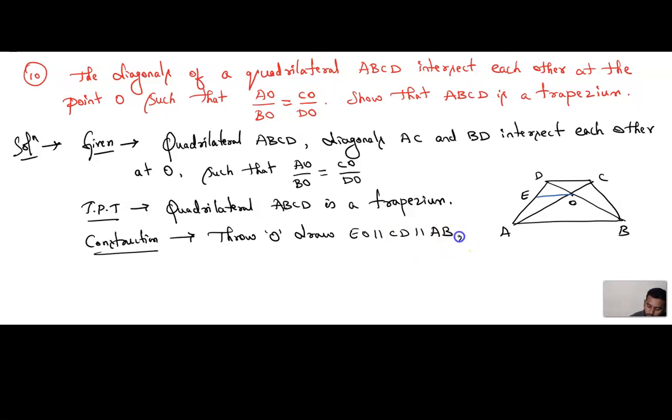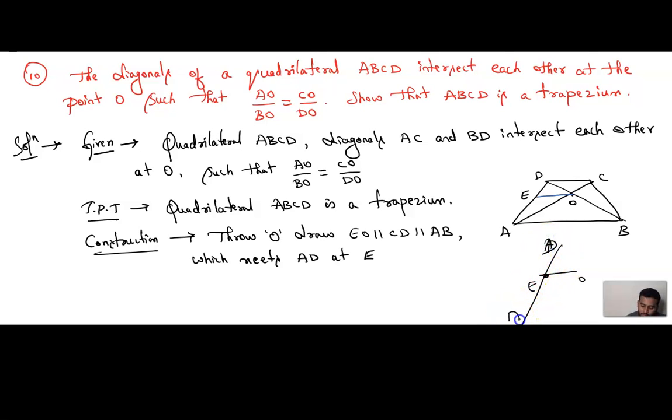Fine. Which meets AD at E. Correct, no? Yes or no? We are drawing EO. EO, where is it meeting? At AD. Correct, no? Now I will draw OE, child. Now where is this E meeting?